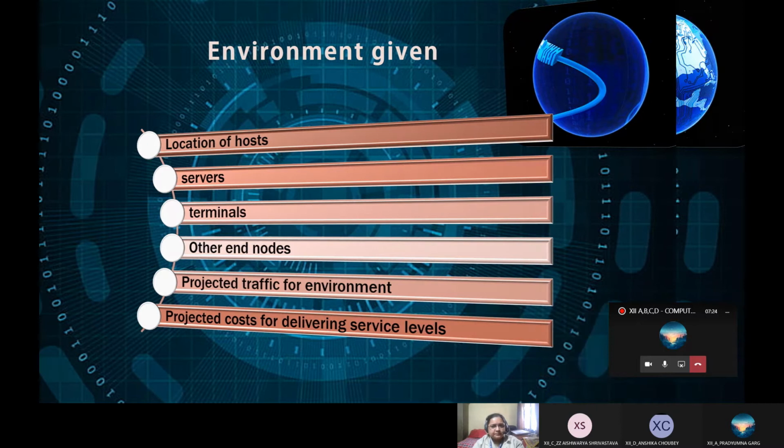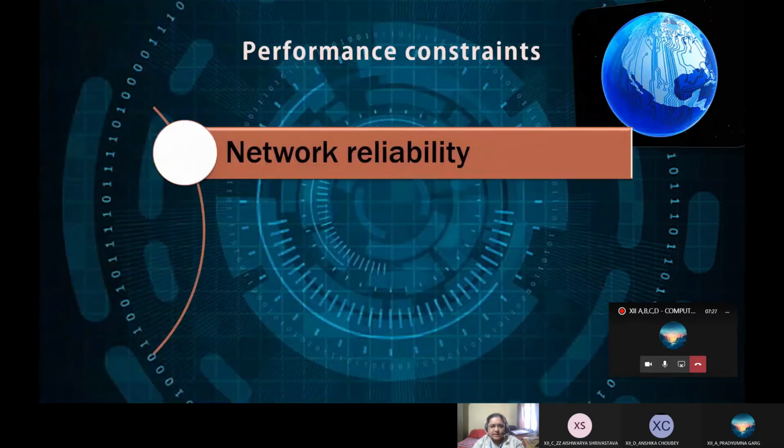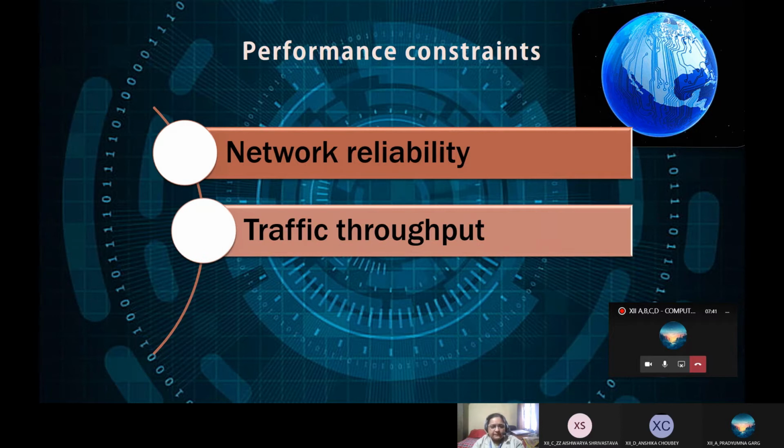Next is performance constraints. Network reliability. We have to make sure that the network is reliable. Even if something goes wrong, the entire network shouldn't stop working. It should continue with its work. Traffic throughput, that is, maximum work should be done within less time.